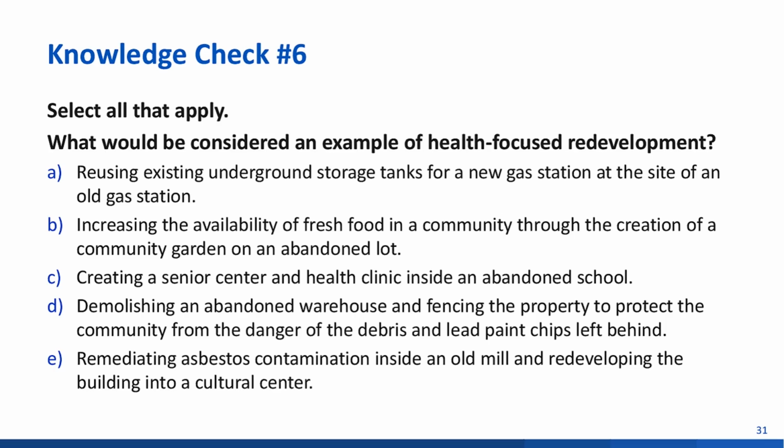C is correct because creating a senior center and health clinic inside an abandoned school improves the health of the community, which is a primary goal of the health field program. E is correct because remediating asbestos contamination inside an old mill and redeveloping the building to be a cultural center is a health field outcome.